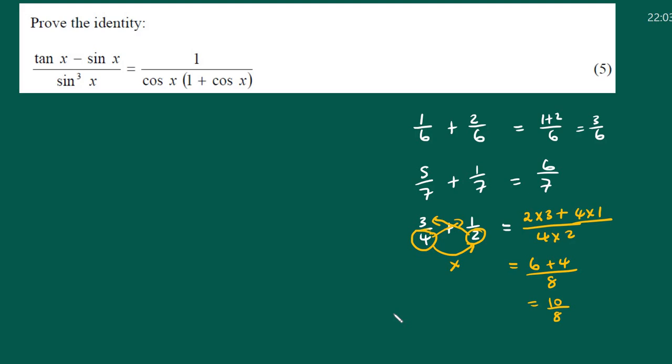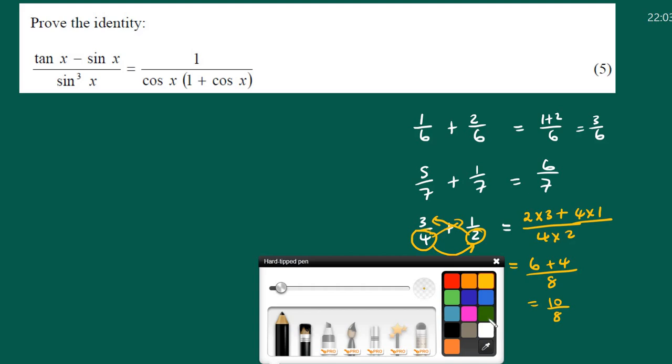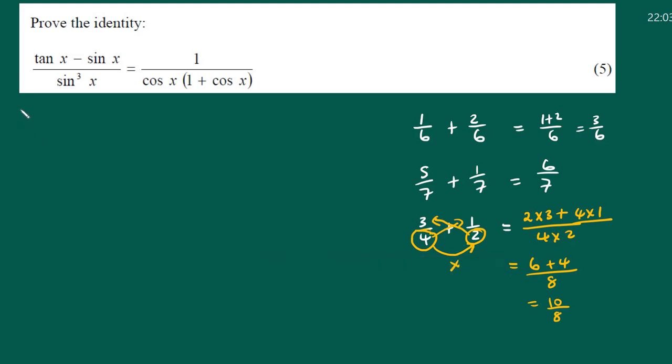In a similar way, that is what we're going to do here. Obviously, the juicy part is the left-hand side. On your left-hand side, you have tan x minus sine x all over sine cubed x. Don't be scared about this thing.